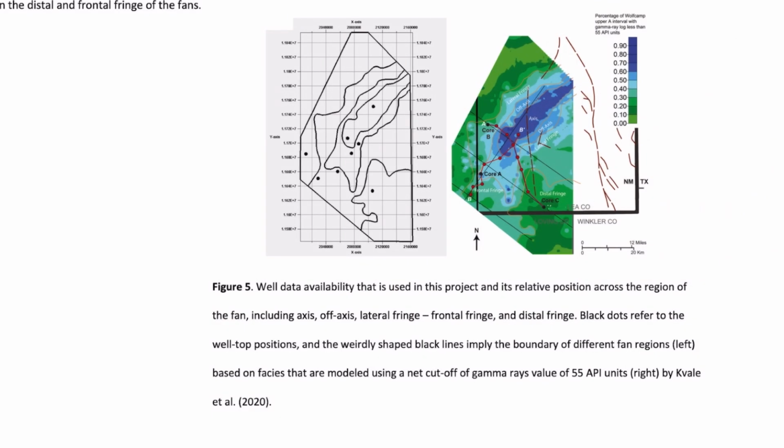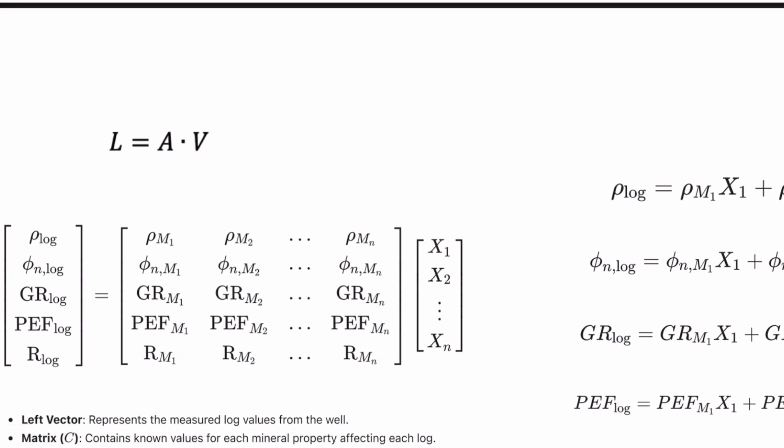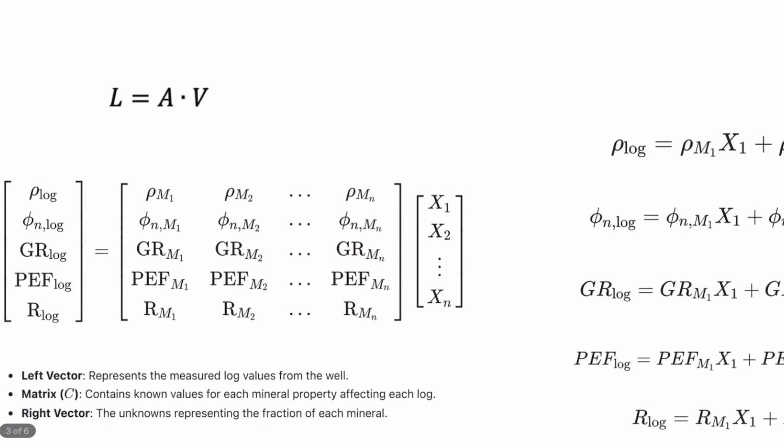This project used 8 different wells that are located in different parts of the fan itself. This project uses an inversion-based technique to know the mineral fraction from the observed logs.